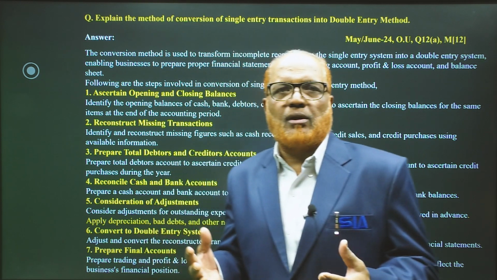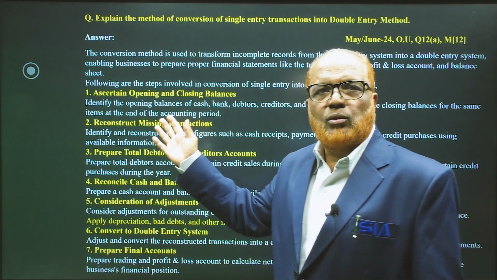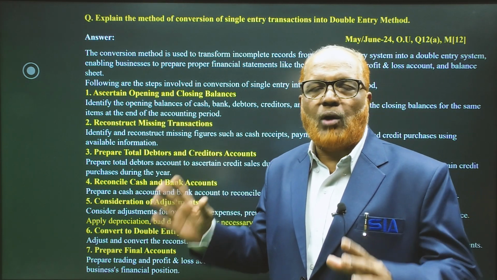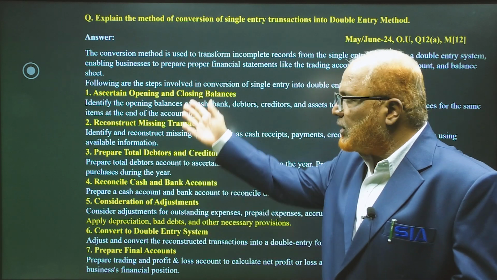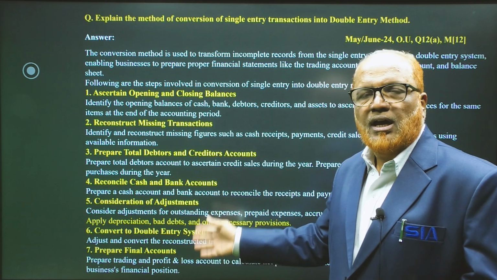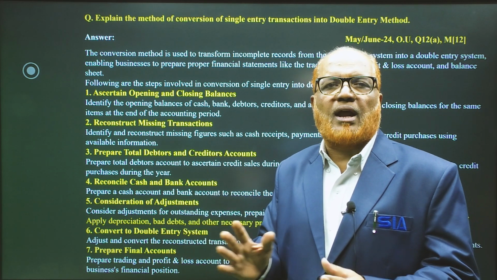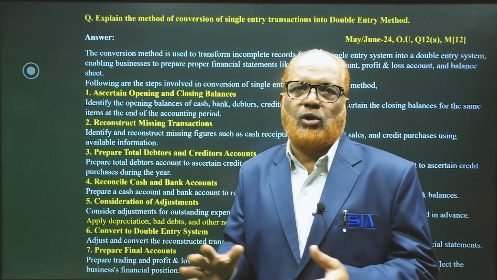The example of this type of question will be like this. Just now I have explained the formal method of how it should be presented in examination. All the 7 steps I have explained, the same thing is written here and the same way you have to write in examination. Then only you can get the full marks.